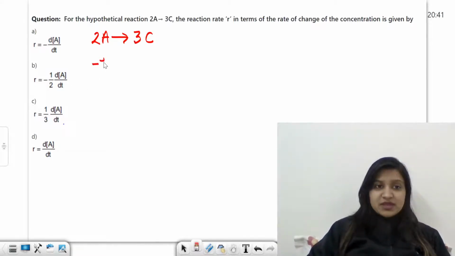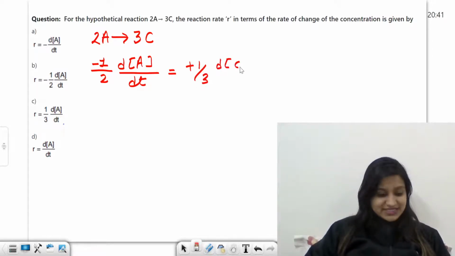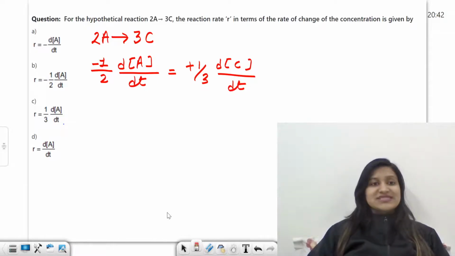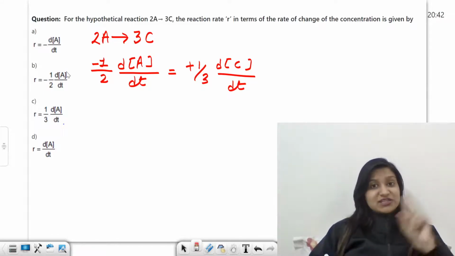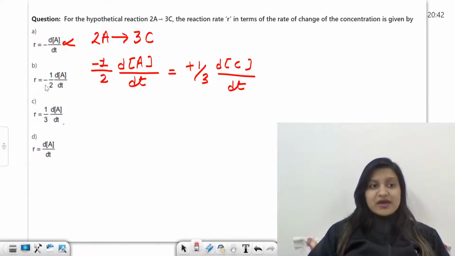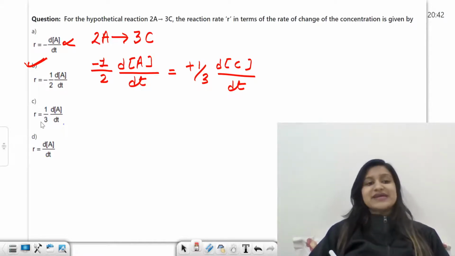It will be minus 1 by 2 dA by dt, and this will be equal to plus 1 by 3 dC over dt, right? So let's see. Minus dA by dt cannot be the rate of change of concentration. No. R minus half dA by dt is absolutely the right answer. Option number B is absolutely correct.